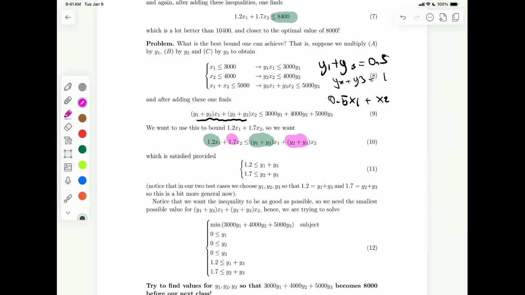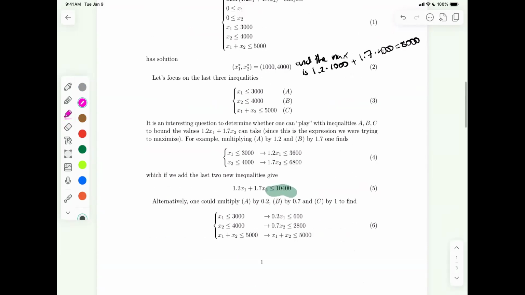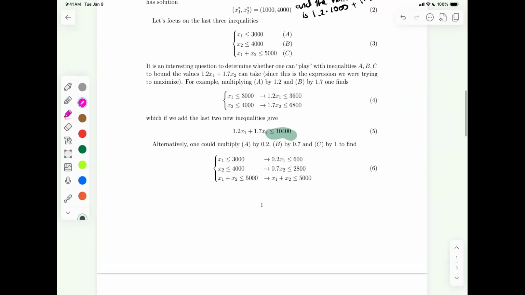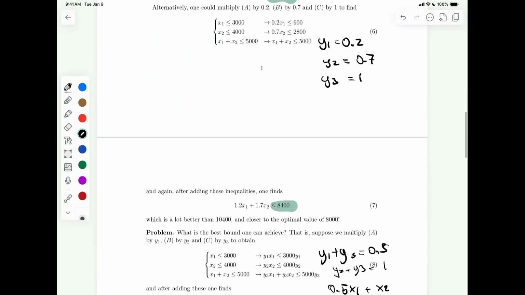In the previous two examples, I did it on the nose. In the notation that I'm using now, they were literally adding up to those coefficients. I'm just saying that you don't need them to add up to the coefficients. You can be a little bit more flexible. You at least need them to be larger than the coefficients, because otherwise there's no way to control that. Is that making sense?